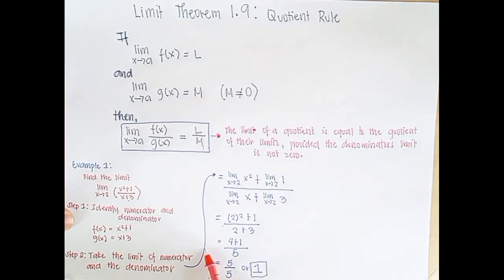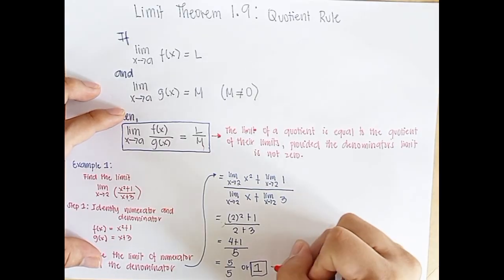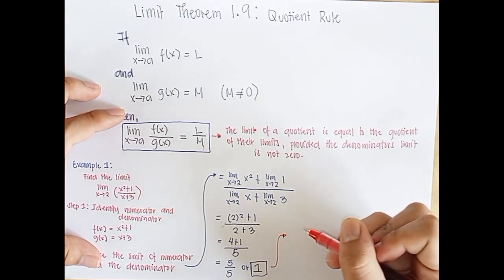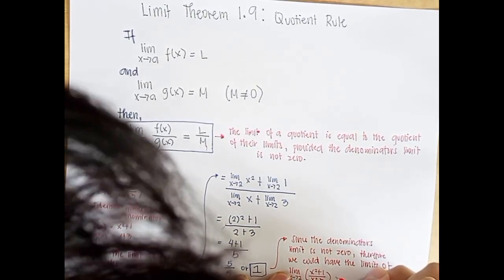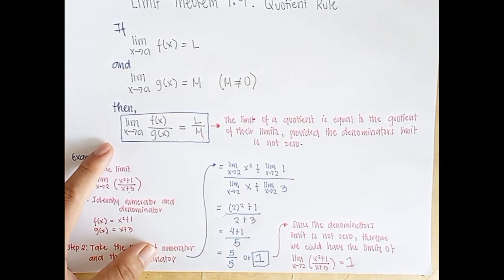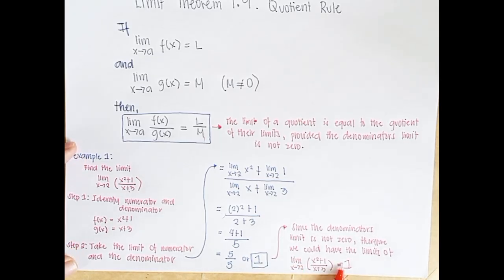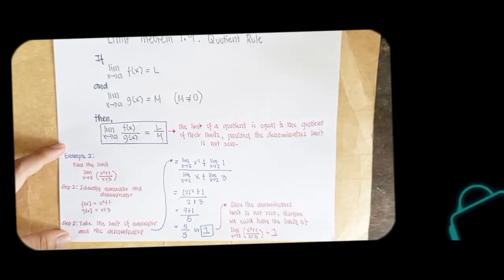So therefore, the limit as x approaches 2 of (x squared plus 1) over (x plus 3) is equal to 1. Since the denominator's limit is not 0, the limit is just equal to 1.